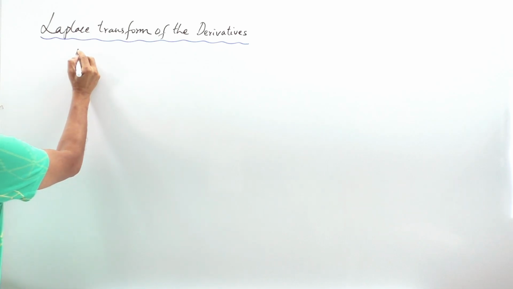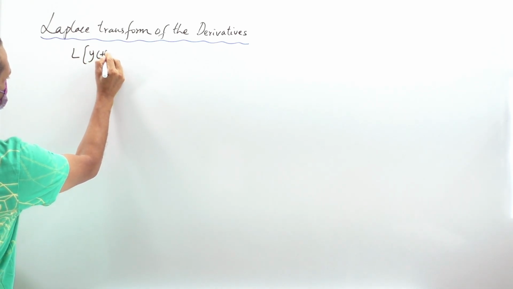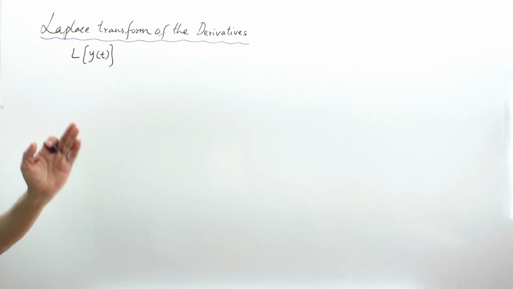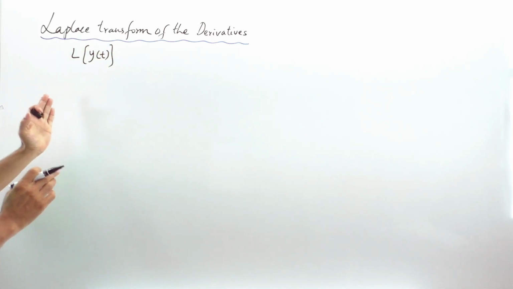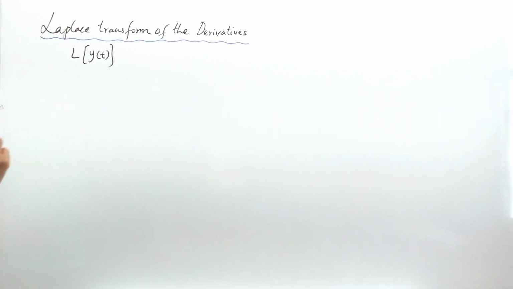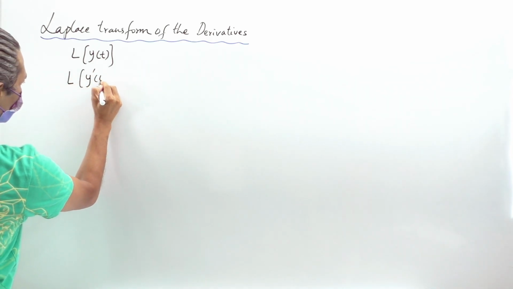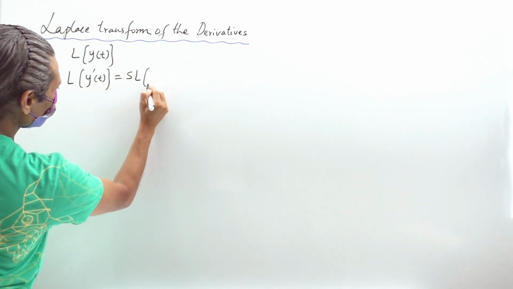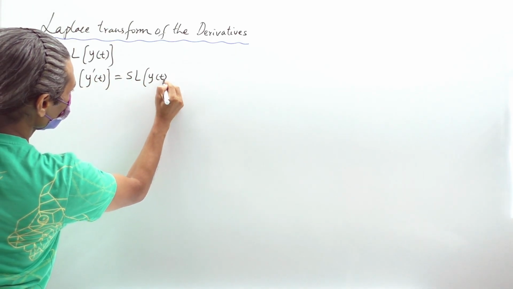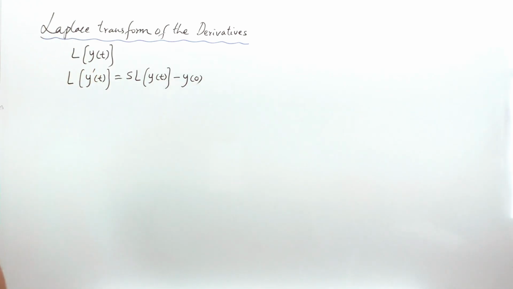The first expression, see, L of y of t you need to keep as it is. I will show you in examples while solving the problems. First, see this clearly. Okay, so we keep L of y of t as it is. Then L of y dash of t is written as s into L of y of t minus y of 0.